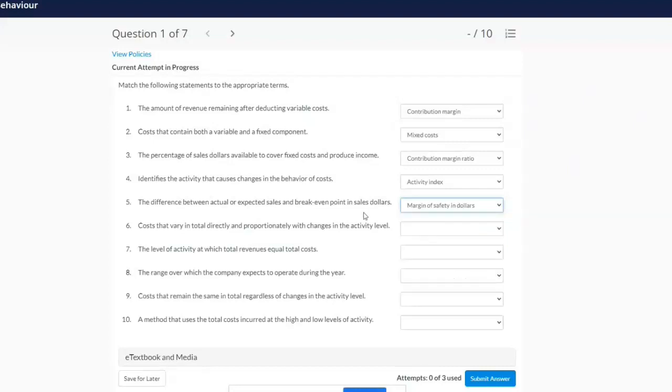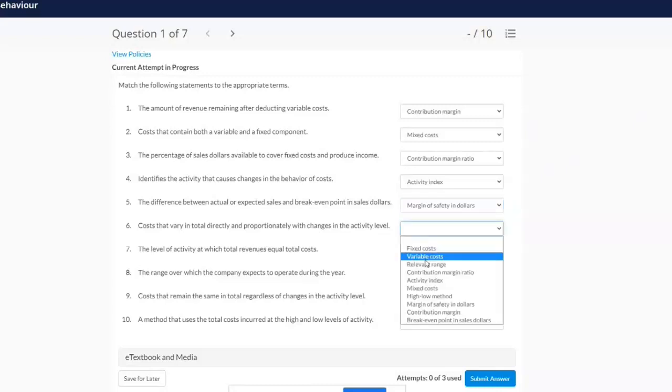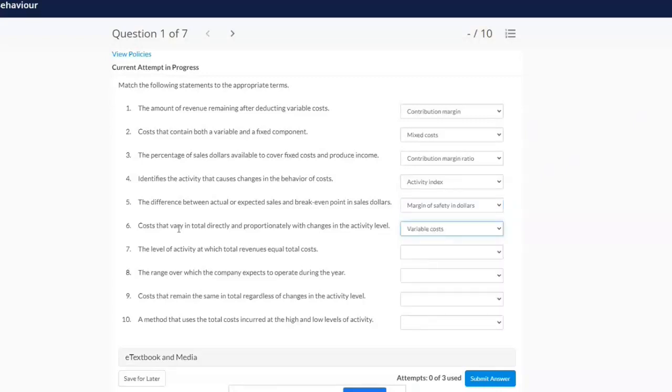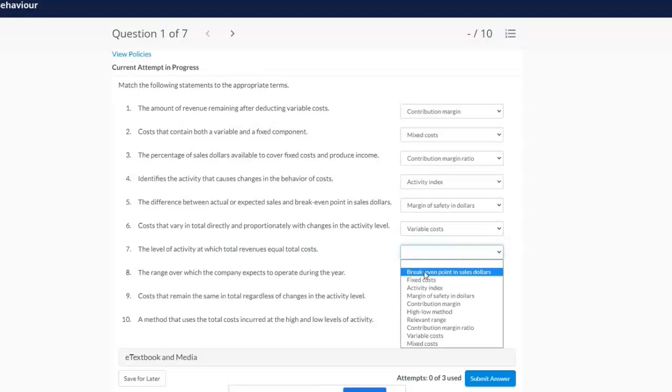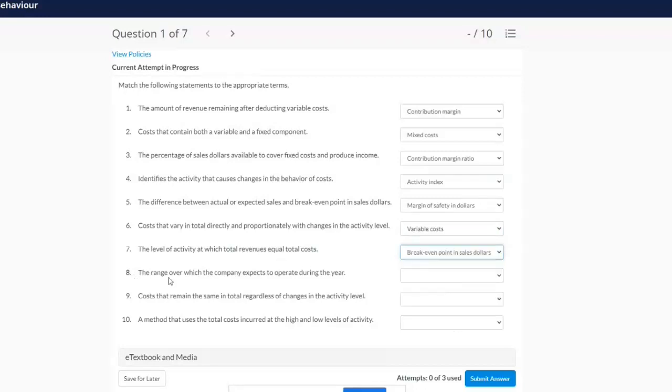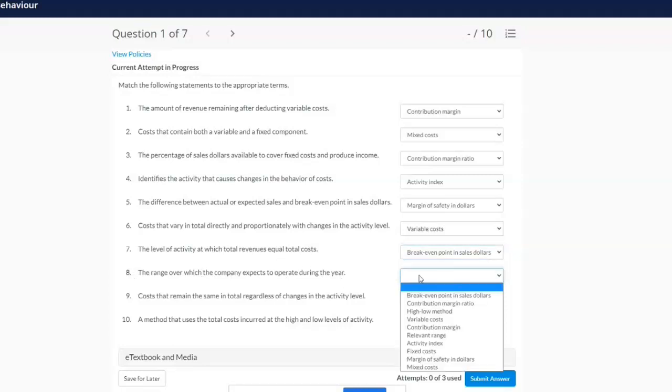Costs that vary in total directly and proportionally with change in the activity level. Variable cost. The level of activity at which total revenues equal total cost. Break-even point. The range over which the company expects to operate during the year.